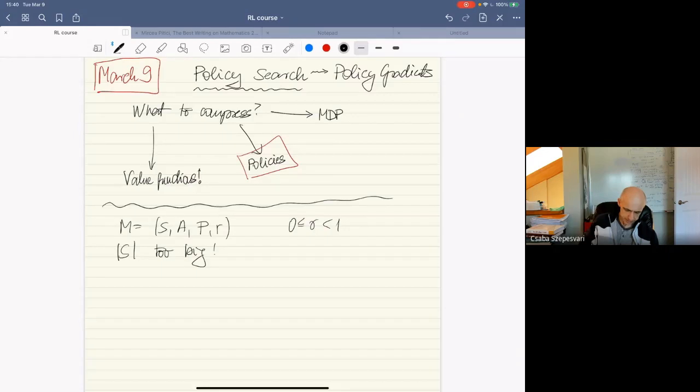That means you're going to select a subset of the memoryless policies. ML just meant this is the set of memoryless policies.